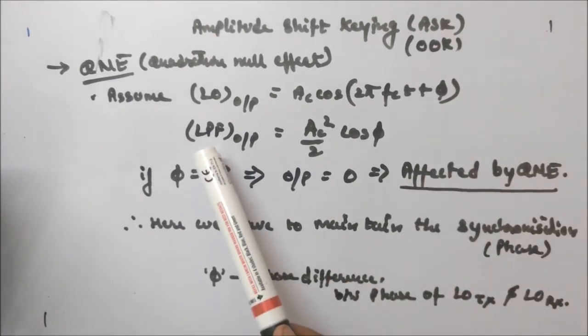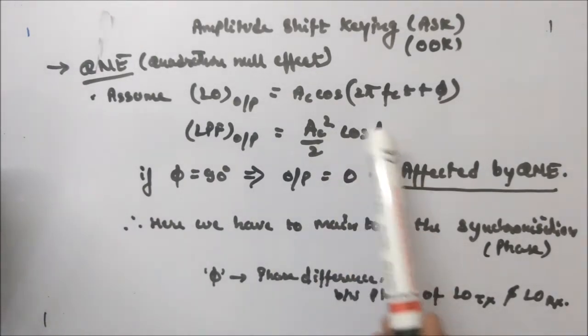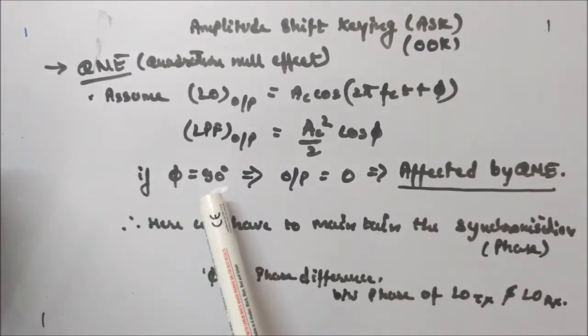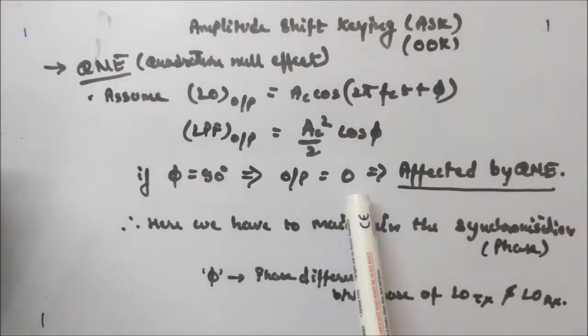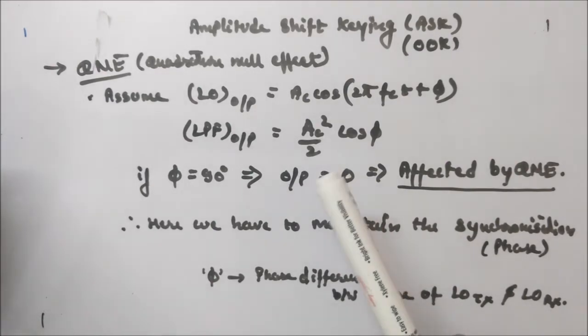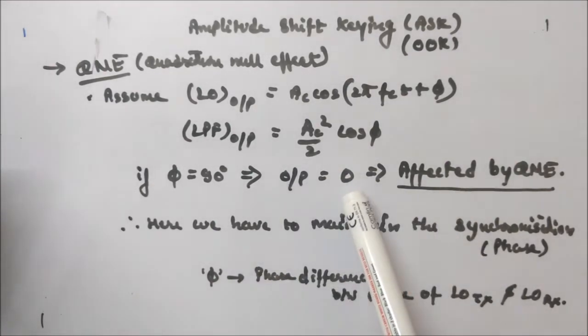Now in this case your low pass filter output is AC square by 2 cos phi instead of AC square divided by 2. And if your phi is equal to 90 degrees, if your phase difference is 90 degrees, you will always get 0 at the output of the threshold. This means you won't be able to detect bit 1, and it will always show 0.